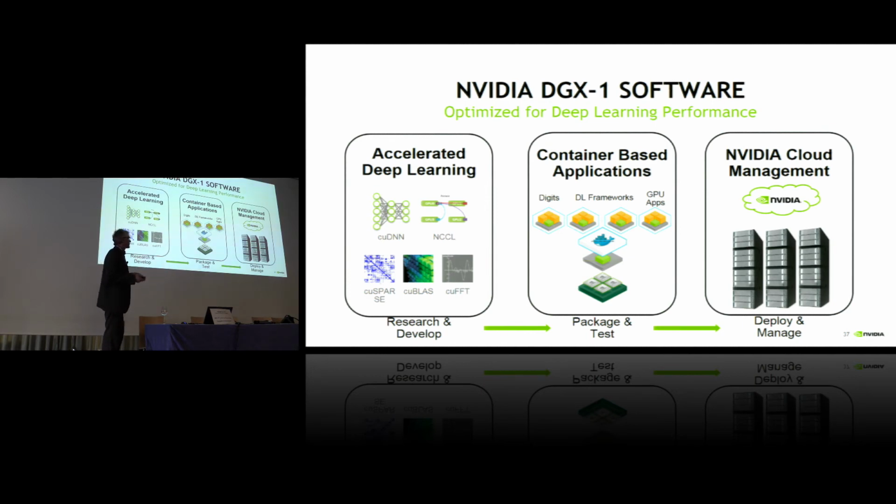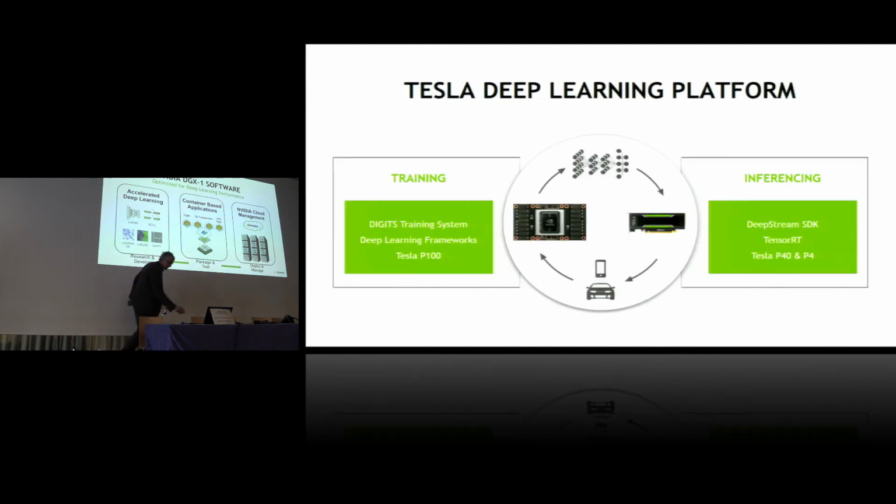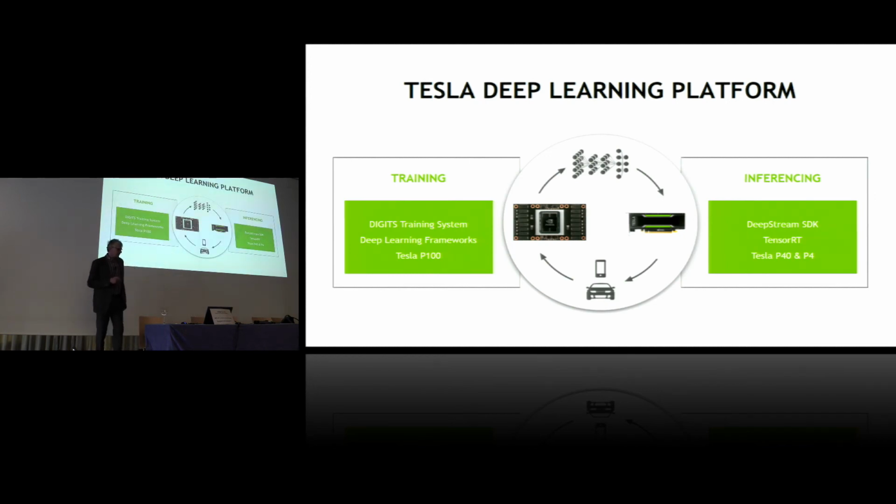Today, the container registry is already open. So to summarize, for the training of the network, when you go through the training process, this needs a lot of horsepower, computing power. So this runs best on the P100. When you go to inferencing, meaning once the network is trained and you want to get an answer as quickly as possible, then you should go on the Tesla P40 or the Tesla P4.